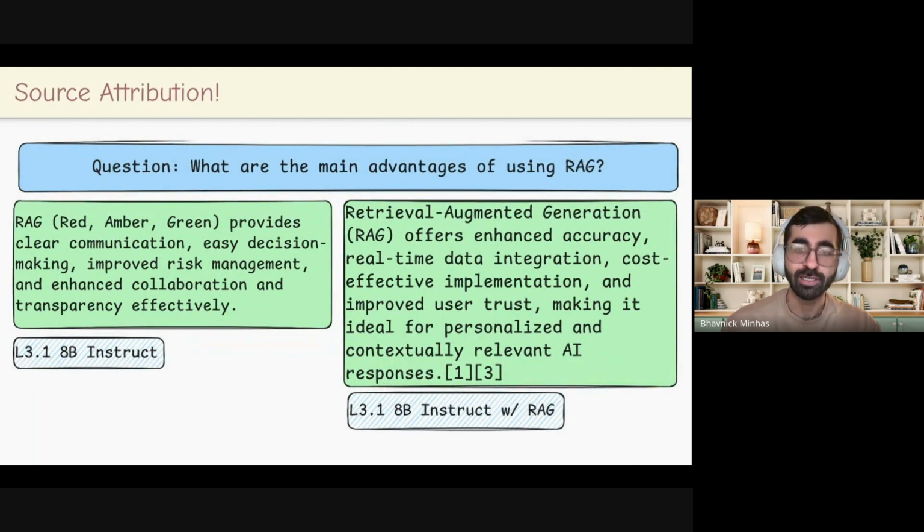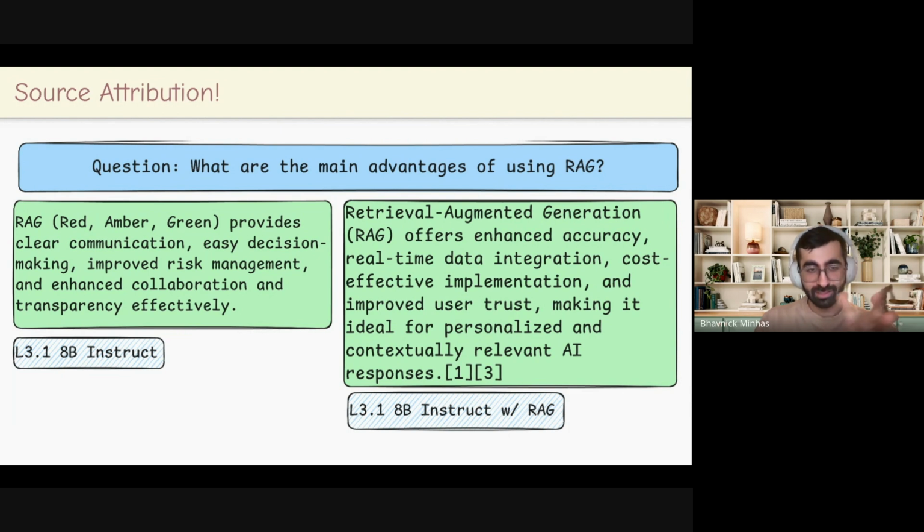Okay, moving on to the next. So essentially source attribution as well. Because of factuality, you can ask the model to attribute its sources. Let's say you gave it a couple of pages or websites or books, and it can say, okay, this answer was generated from the first and the third passage. So in this example, what are the main advantages of using RAG?